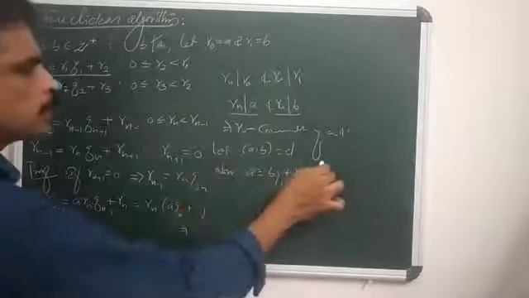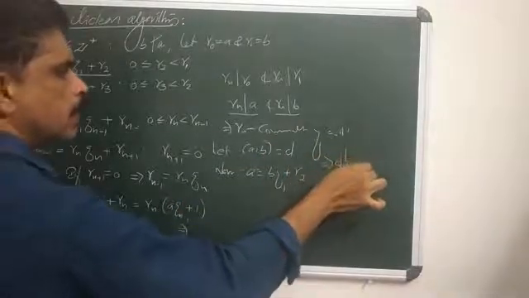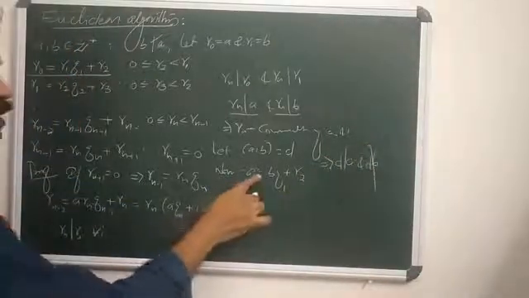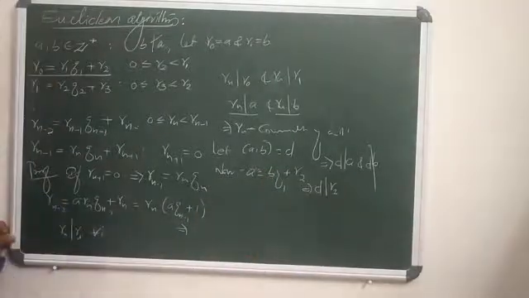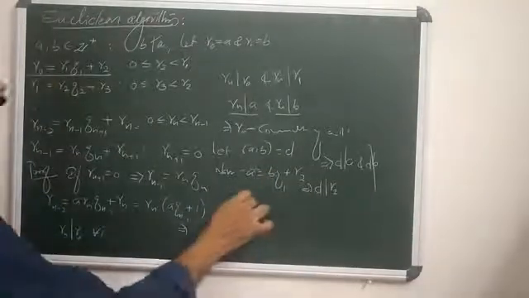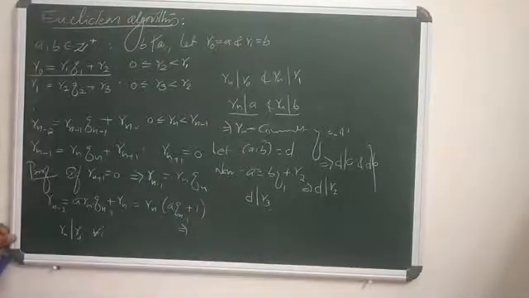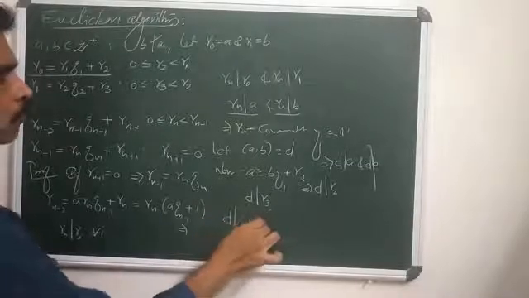Clearly, since D is the GCD of A and B, D divides A and D divides B. So D divides A and D divides B, that means D divides R2. Similarly, you can show that D divides R3, and so on. So by induction, we have D divides Ri for all i.